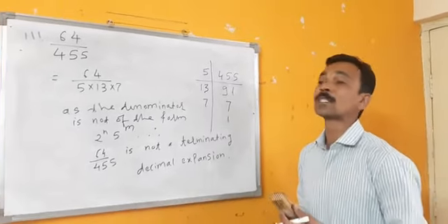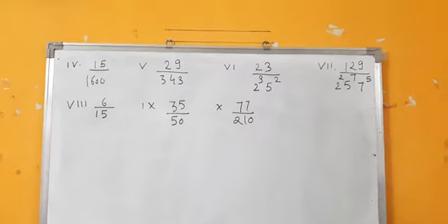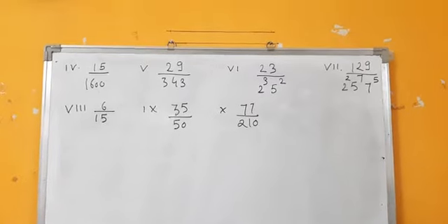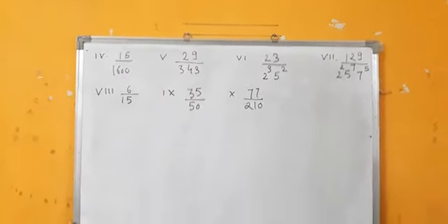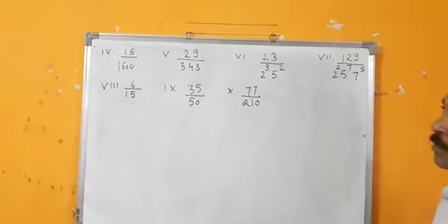Okay, now we'll see the fourth sum: 15 upon 1600.